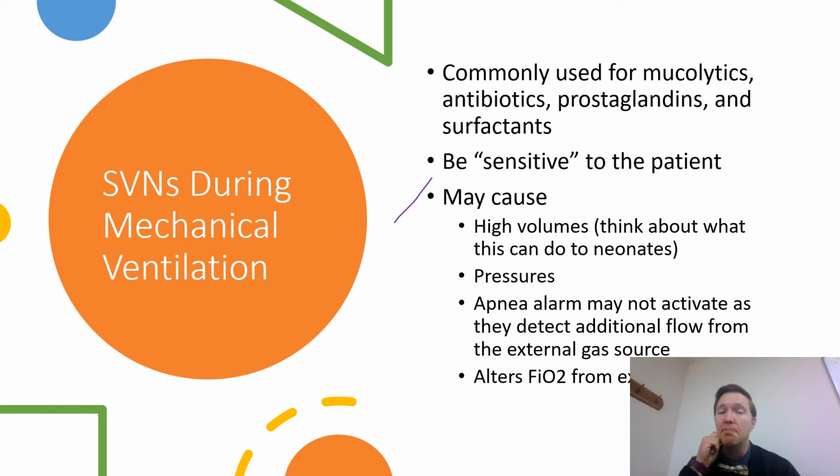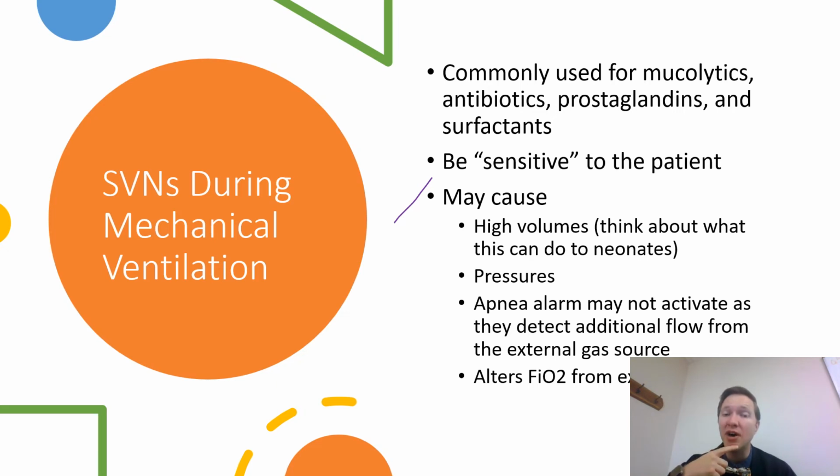If you're using a pneumatically powered small volume neb, where it adds extra flow to the circuit, and the ventilator doesn't have a mode where you can say how much extra flow you're adding. Some ventilators have a neb mode, where you go to the nebulizer mode and you tell the ventilator how much flow you're running the nebulizer on. So let's say it's 7 liters per minute, because 7's a nice number there, right? 7 liters a minute, that's what you're running it on.